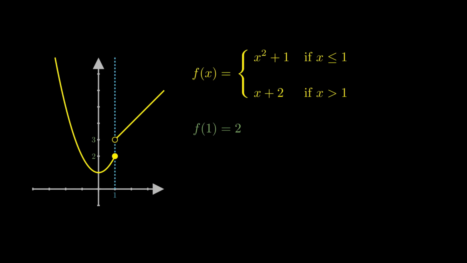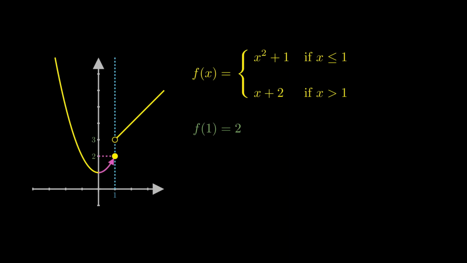And so as usual, we can imagine trying to get this limit by sliding towards x equals 1 from both directions. From the left, we slide across the parabola like this, and so the y value it's clearly sliding towards is exactly this 2 here.